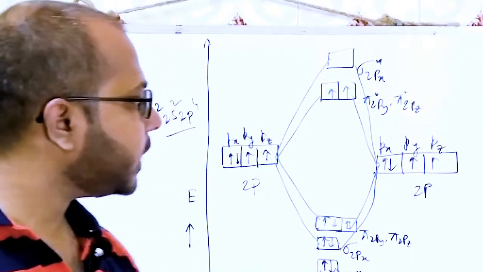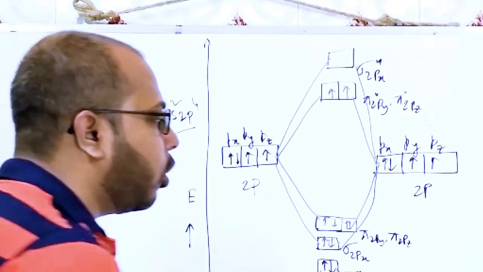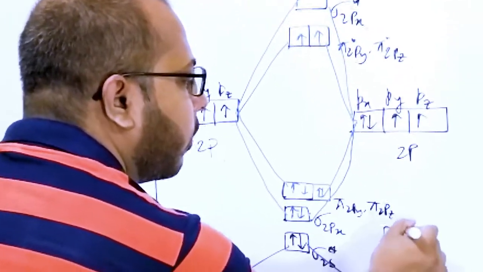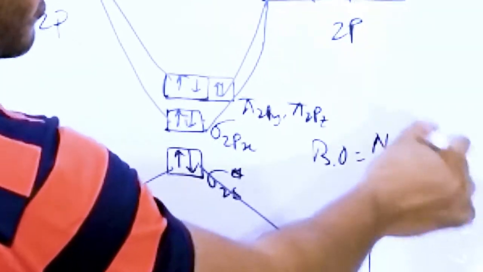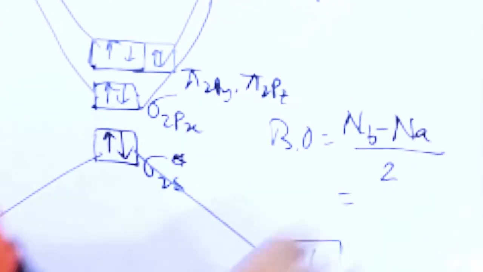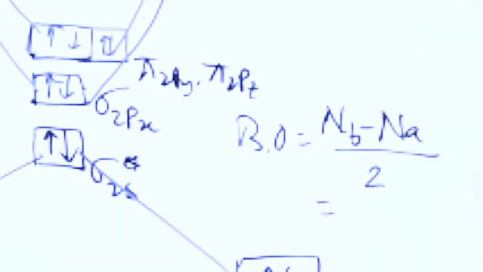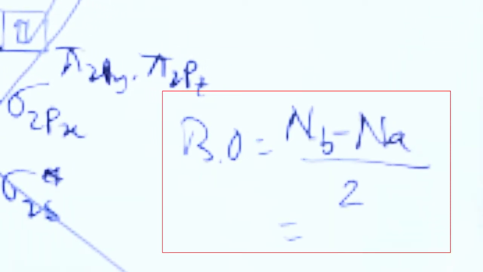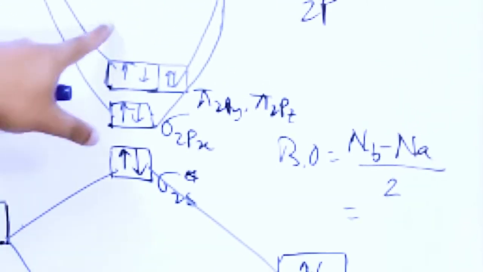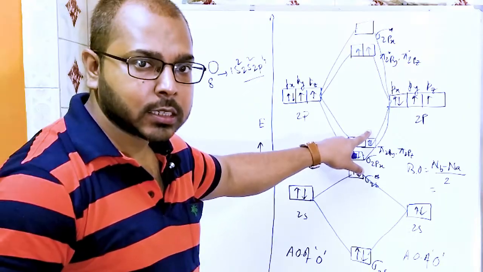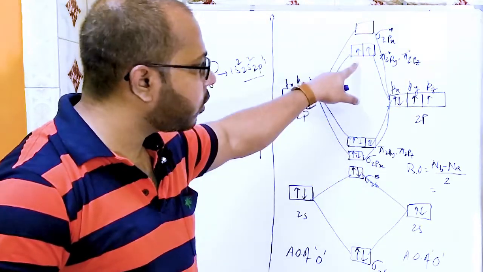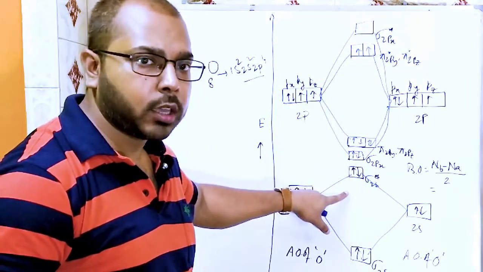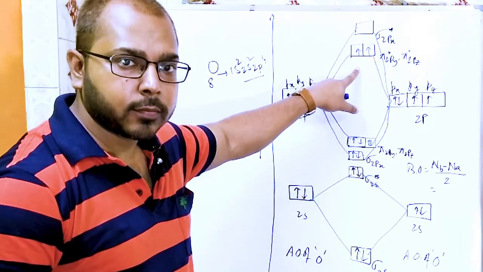Okay. Now what is the formula of bond order? You know. Bond order means the number of bonding electrons minus the number of anti-bonding electrons, divided by 2. So the number of bonding electrons: 2s are 4, 6, 8, minus 4, because this is also anti-bonding, this is also anti-bonding.